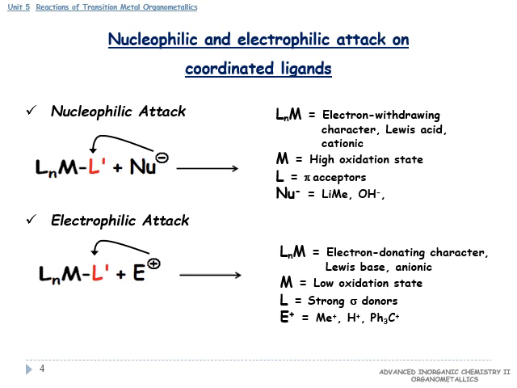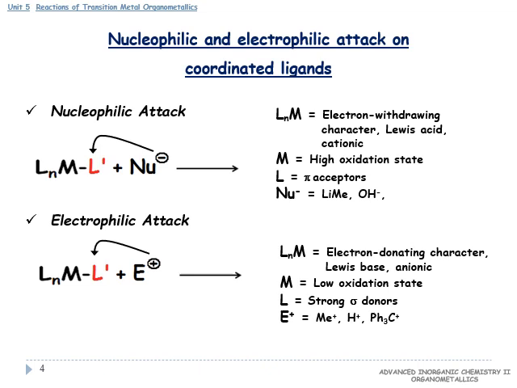For example, if the complex bears a net positive charge, or has electron withdrawing ligands, one of the ligands may be depleted of electron density to such an extent that it can be attacked by a nucleophile. Examples of nucleophiles are methyl lithium, in which the methyl group bears a negative charge, hydroxide anion, etc.